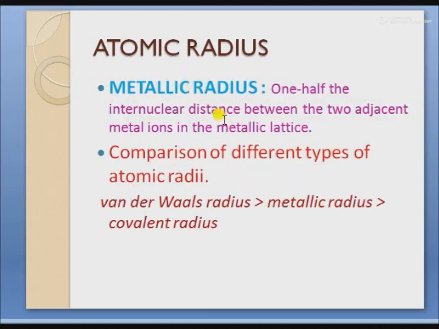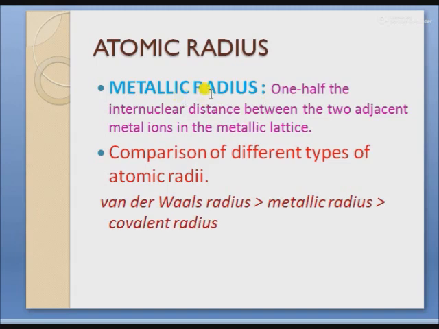Next is the metallic radius. It is also one half of the internuclear distance between two adjacent metal ions in the metallic lattice. What is a metallic bond?